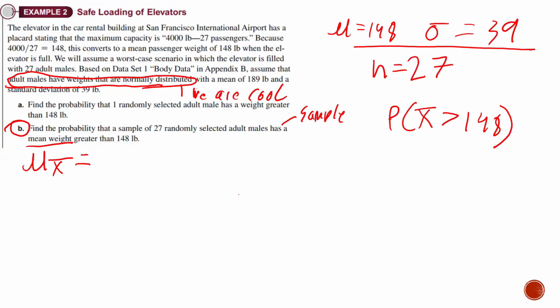The mean of a sampling distribution is the mean of the population, right? Which in this case is, sorry, not 148, it's one. I put the wrong number there. Okay.